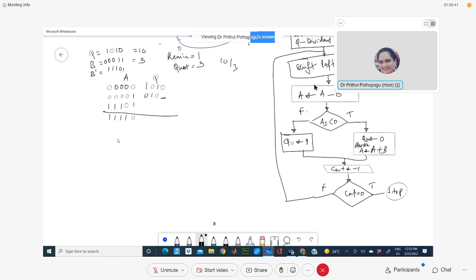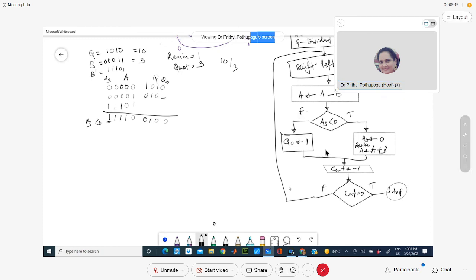Now this is the AS bit. This AS bit is 1, which indicates that it is less than 0. AS less than 0 makes your Q naught bit 0. So finally what you get is this value.